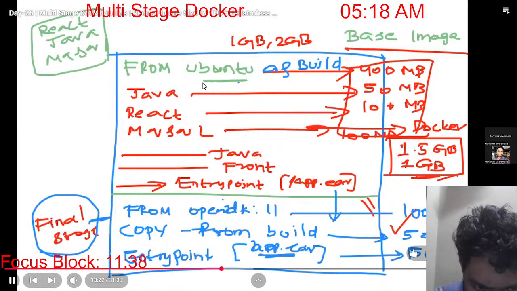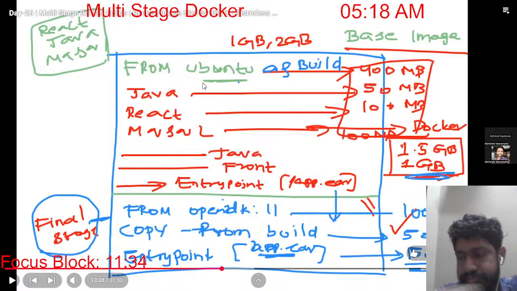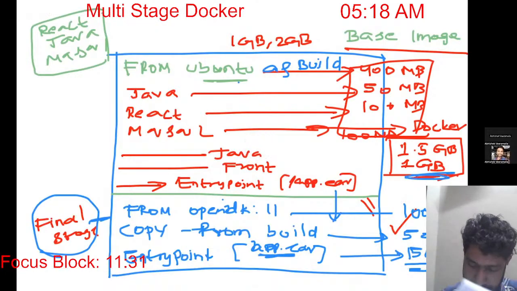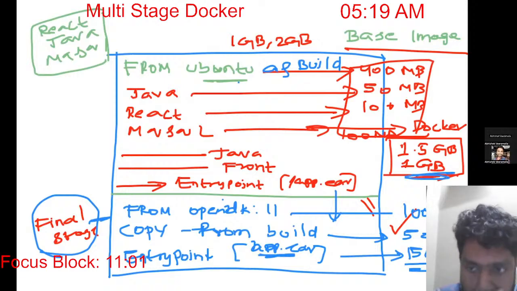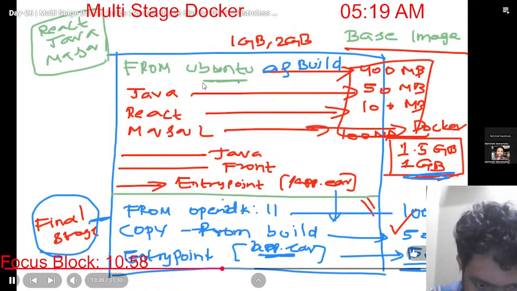So you have reduced from 1 GB to 150 MB. This is the advantage of multi-stage Docker build.